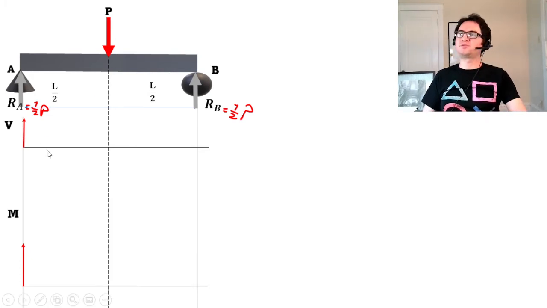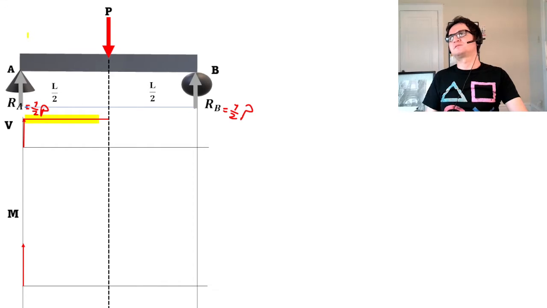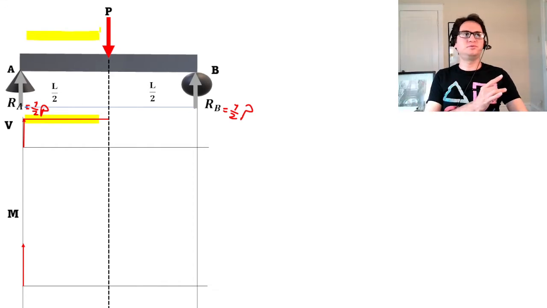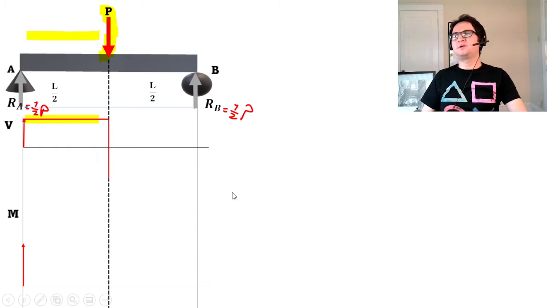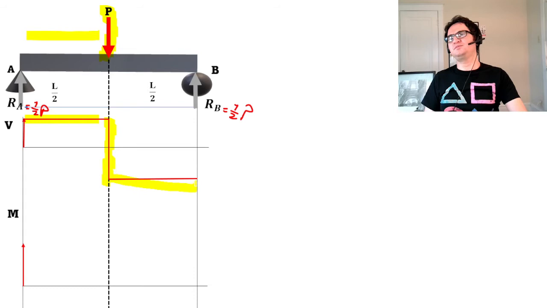If you want to draw the shear diagram, we can just go up by the amount of RA, and then there is nothing to contradict us by traveling right, far to B from A, and all of a sudden there is a downward step with the amount of P, so it just brings us to a negative P over 2. Again there is nothing from center to B, and all of a sudden a support brings us back to 0.